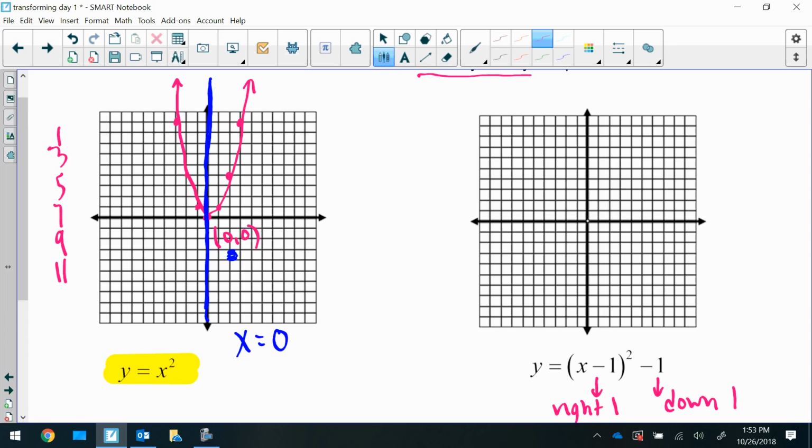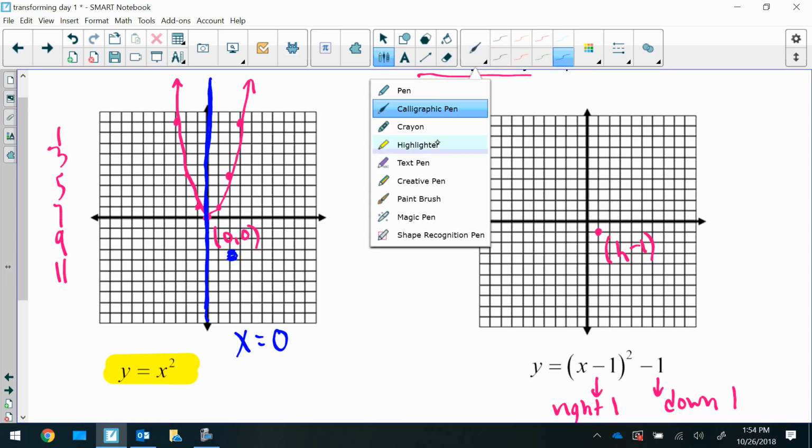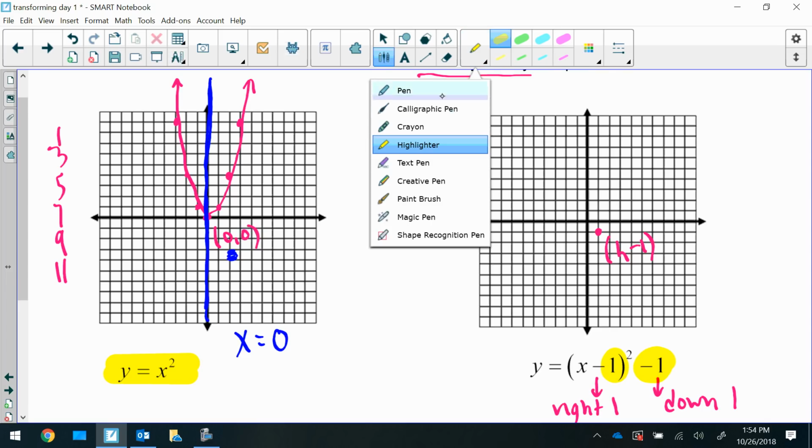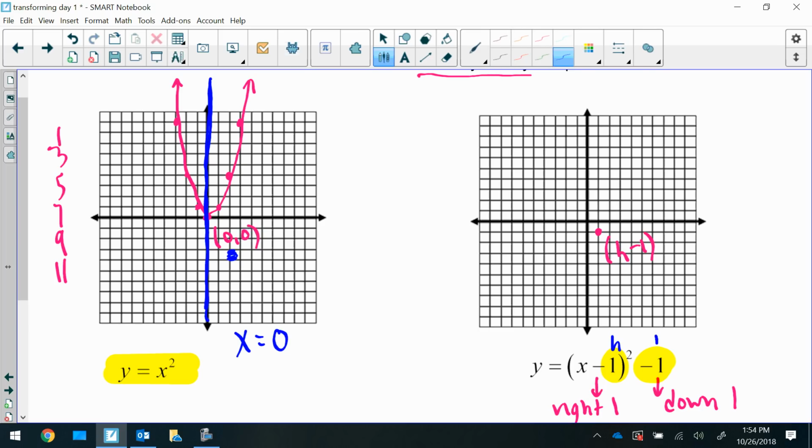So I would normally start at 0, 0, but I am going to the right 1 and down 1. So now 1, -1 is my vertex. If I ever ask you, what's the vertex? You can pick it out from, remember, here's your h, here's your k. This is my h value, this is my k value. So right away, I know that 1, -1 is my vertex.